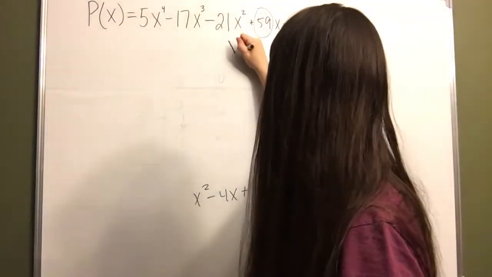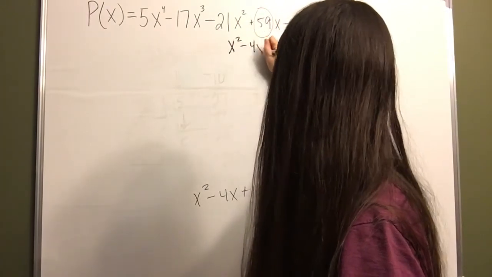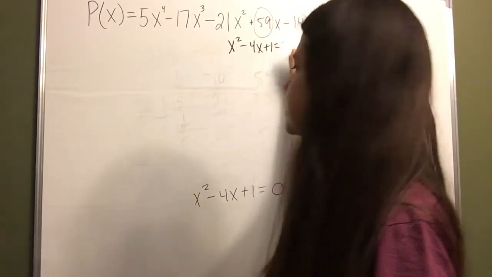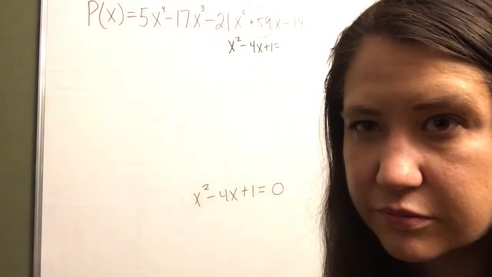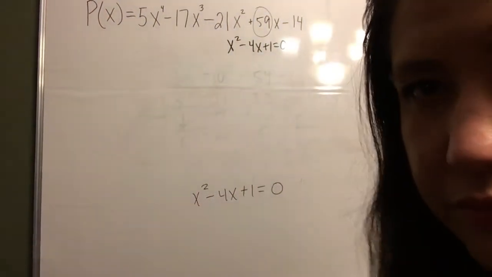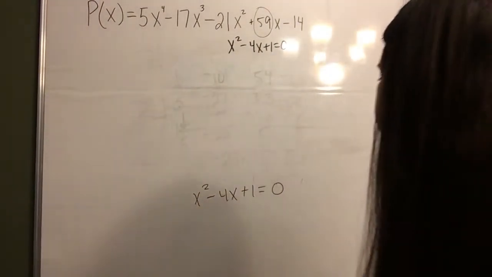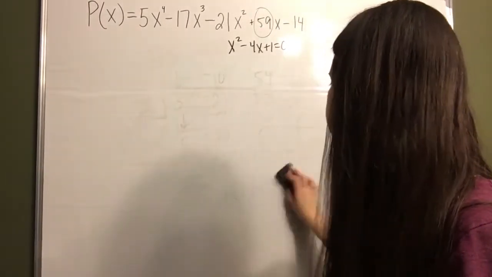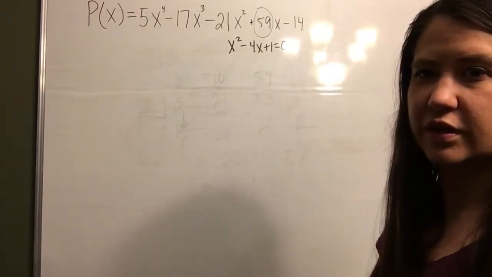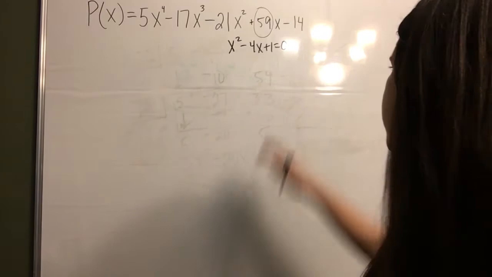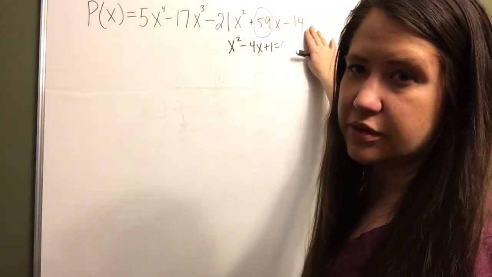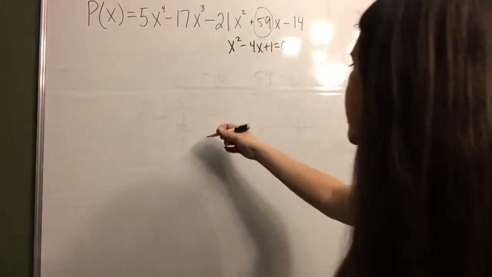We had x squared minus 4x plus 1 is equal to 0 is where we left off. All right, I'm gonna try to stay away from the lights. Sorry about that.